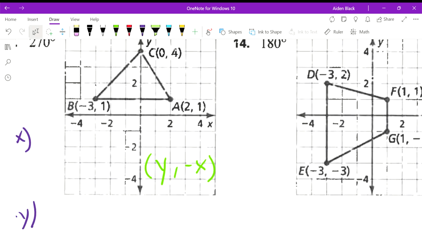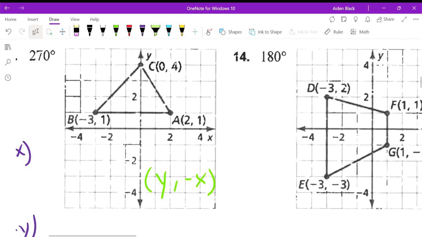C is located at 0, 4. This is our x value, this is our y. So our new point, C prime, should be located at 4, comma, negative 0, which is just 0. Okay, so 1, 2, 3, 4. Here's our C prime.